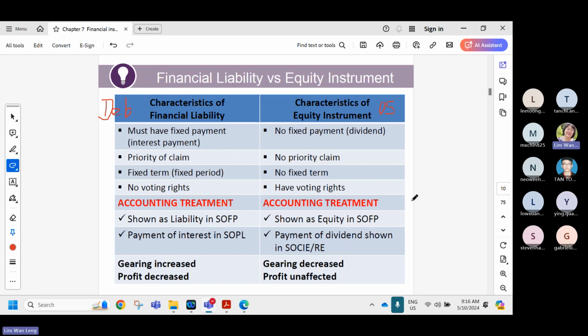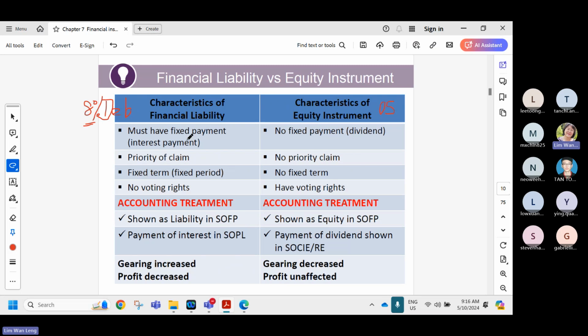Financial liability versus equity instrument. When we want to distinguish between the two, we have to discuss their characteristics. So think about your debentures. Let's say you have 8% debentures. What does the 8% mean? 8% is a fixed interest payment.